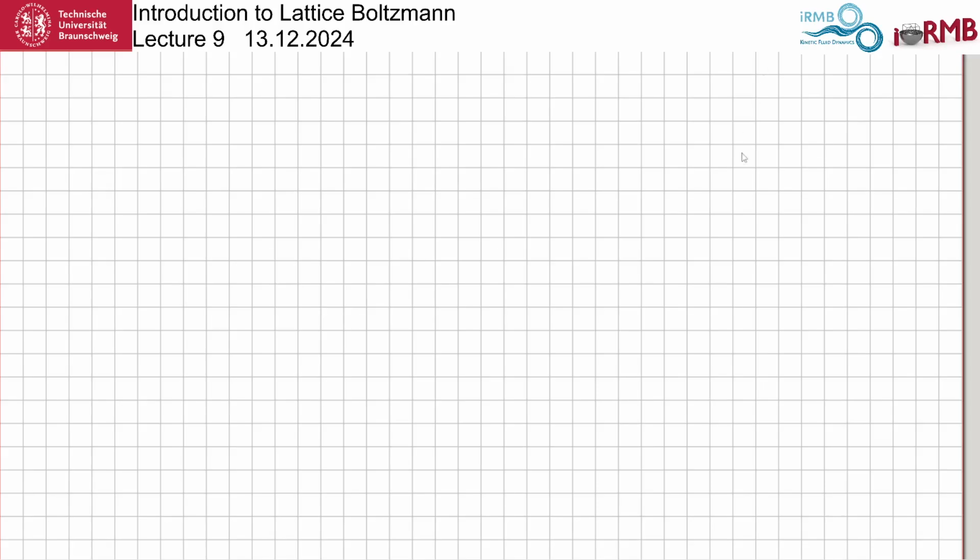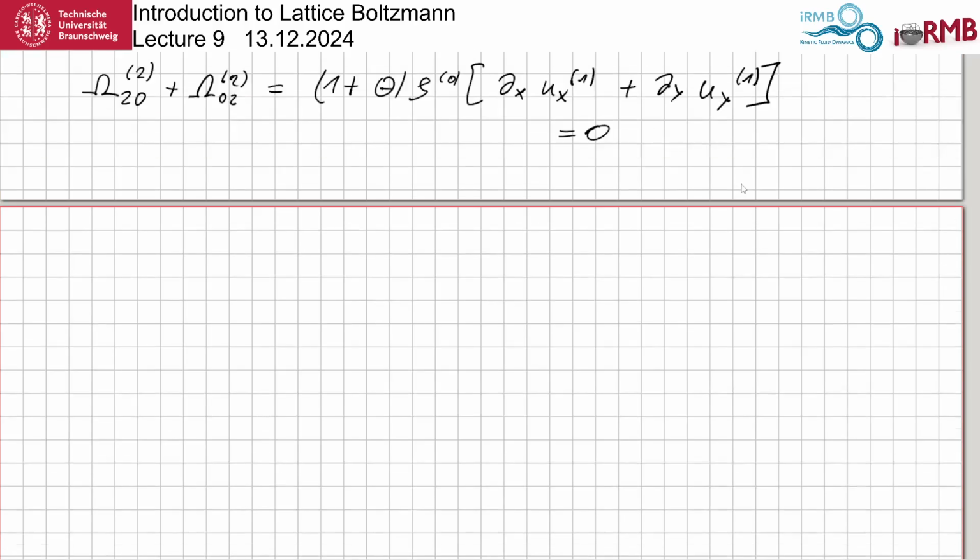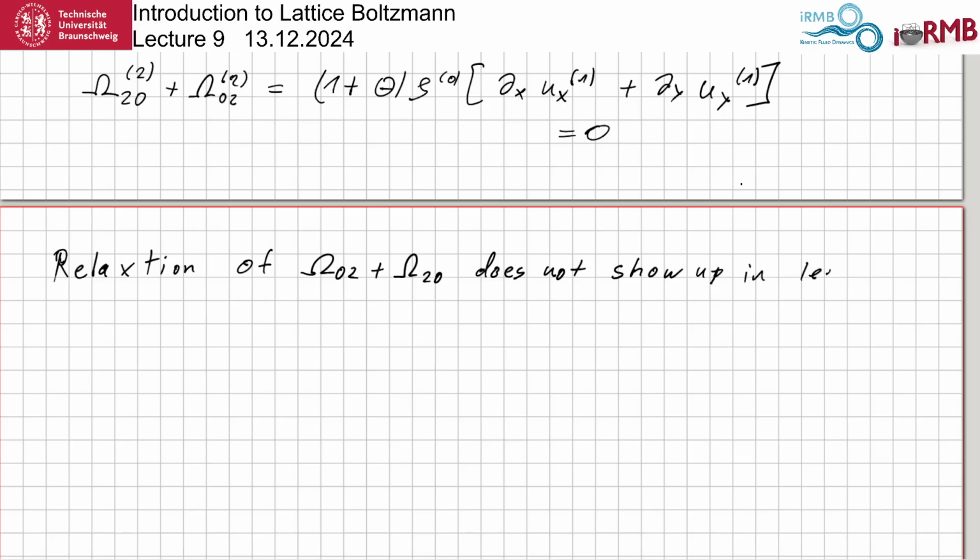So now you have to make your first trick. Okay, let us note this down. Relaxation of omega 0,2 plus omega 2,0 does not show up in leading order Navier-Stokes.